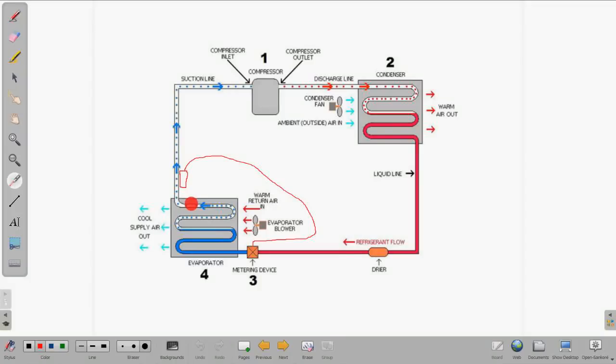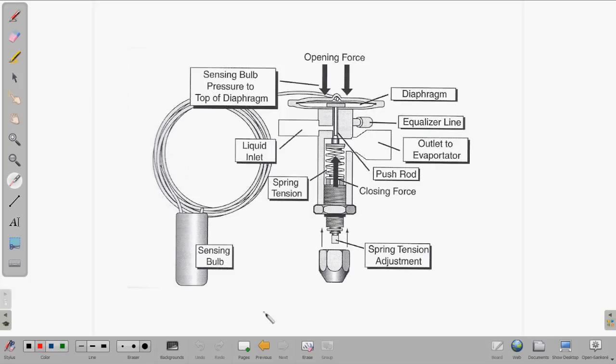Now, 99% of the time, a residential system is going to have an equalizer line. This is rarely a problem, but the purpose of the equalizer line is this. The sensing bulb is measuring at this point at the evaporator coil. The metering device is here. There is a pressure drop across this coil.